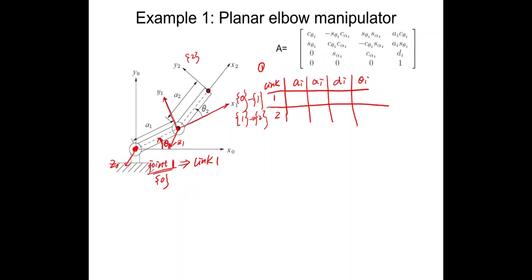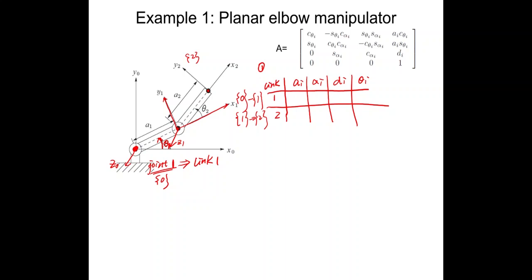Theta 1 is for the rotation of link 1. I want to emphasize that although we need to find theta 1 from frame 0, it is still theta 1.